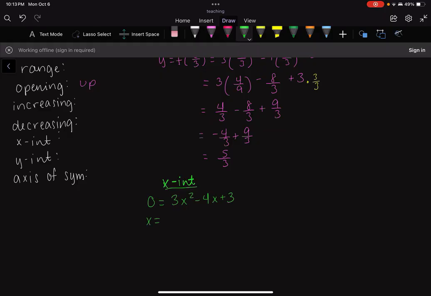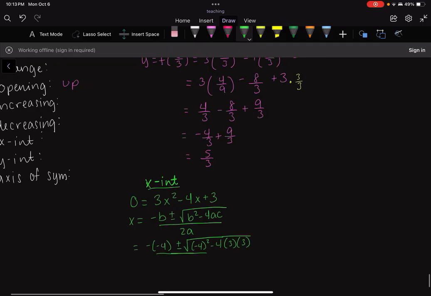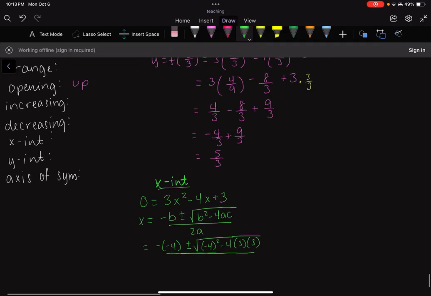So I want to remind you of that. Negative b plus or minus the square root b squared minus 4ac all over 2a. So I get negative negative 4 plus or minus the square root negative 4 squared minus 4 times 3 times 3, all over 2 times 3.